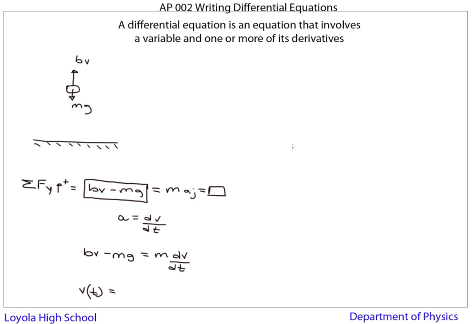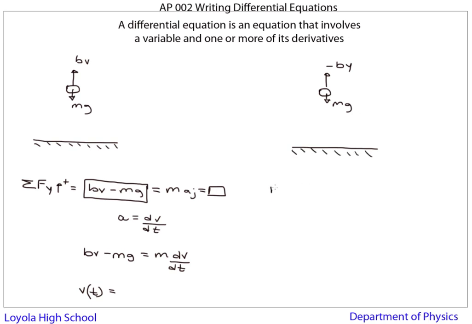Here's another example. What if the object's air resistance doesn't depend on its velocity, but depends on its position, let's say minus b y, meaning as it goes to different elevations, its y changes because of the air density or humidity or things like that. The air resistance changes. What if we have that situation? Well, it's very similar.